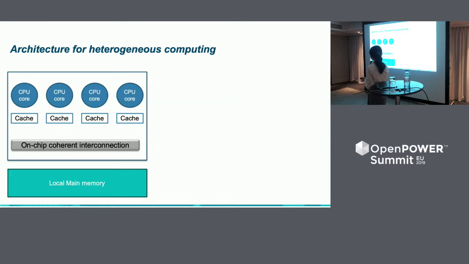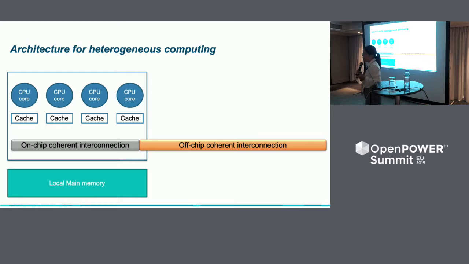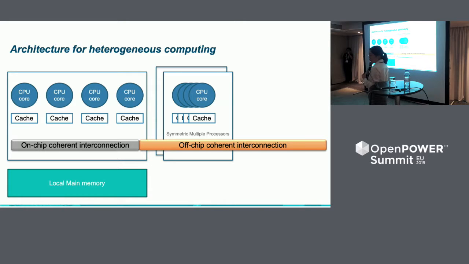Sorry for the interruption. So what we have done is to extend the on-chip coherent interconnection to off-chip. On the off-chip coherent interconnection, you can see we have other processors. We call that SMP bus. And we have OpenCAPI devices.